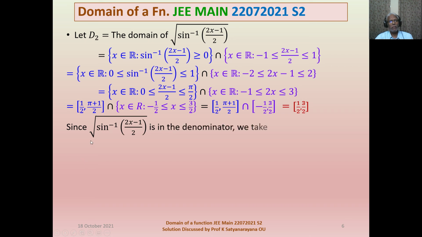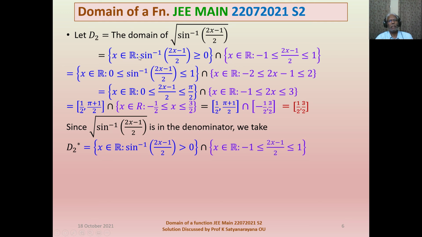Now, since the square root of sine inverse of (2x minus 1) by 2 is in the denominator, we take D2 star as the first one in the first set. It is greater than 0 only that we have to take, because equal to 0 is undefined, as it is sitting in the denominator.